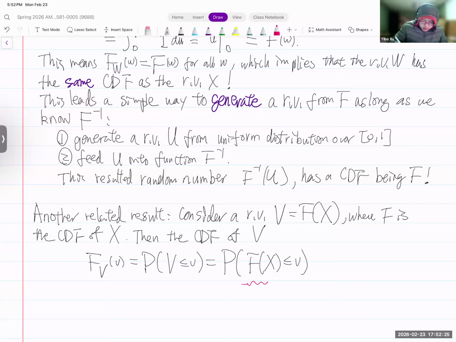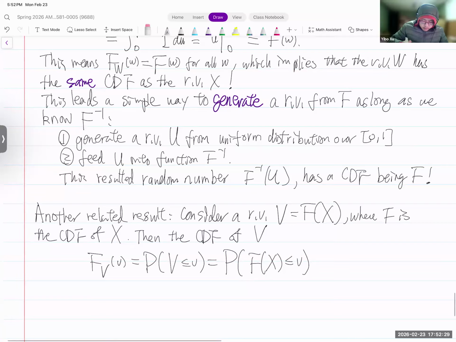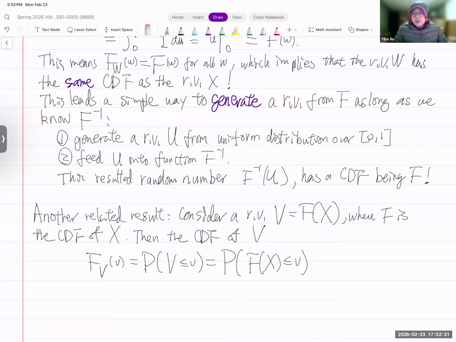Remember, this is the cap F. Remember, F is invertible and monotone. So take the F inverse to both the left hand side and right hand side. This becomes the probability of X less than or equal to F inverse of little v. The right hand side is a scalar, the left hand side is a random variable. Now remember what this is: we have cap X less than or equal to some scalar.